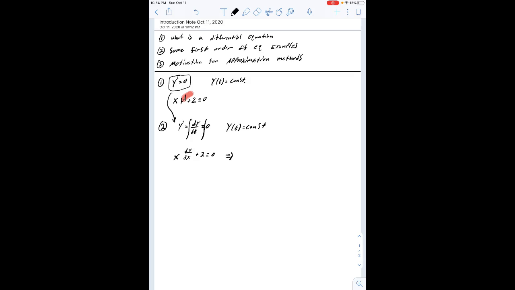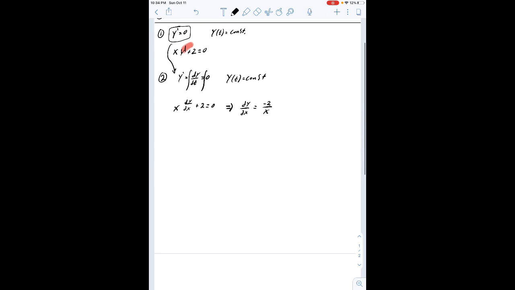So we'll subtract 2 from each side and then divide by x. So we have dy over dx is equal to minus 2 over x. We then multiply our dx to the other side. So we have dy equals negative 2 over x dx, and we can see here that we can simply integrate both sides.